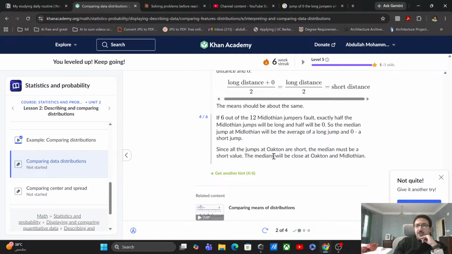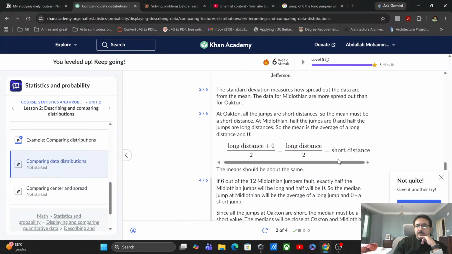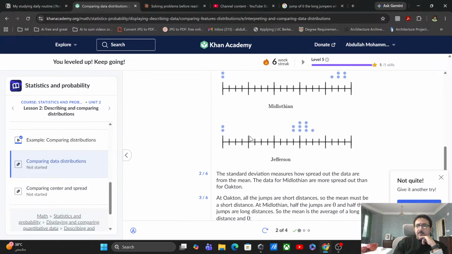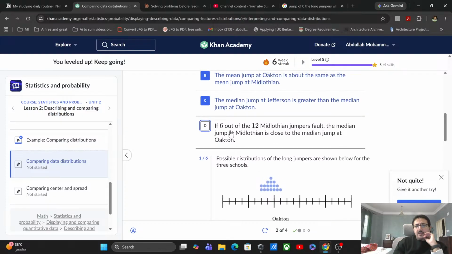Since all jumps at Octane are short, the median must be a short value. The medians will be closer to Octane. Out of the 12 Middleton jumps, the median jump at Middleton is close to the median jump at Octane.